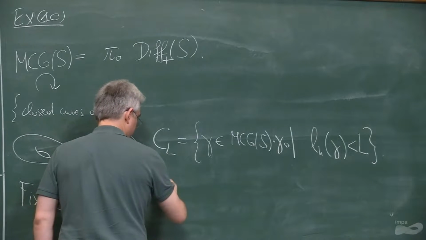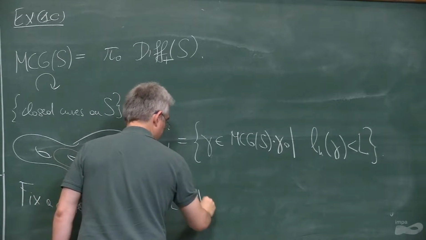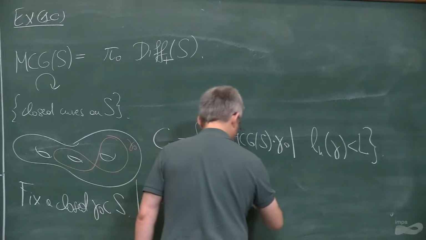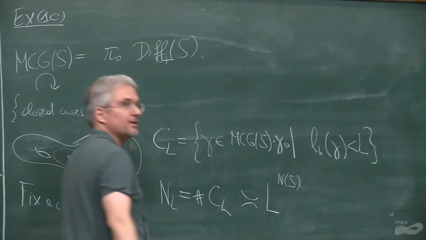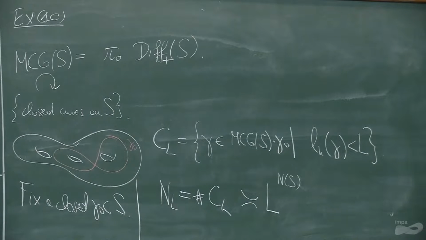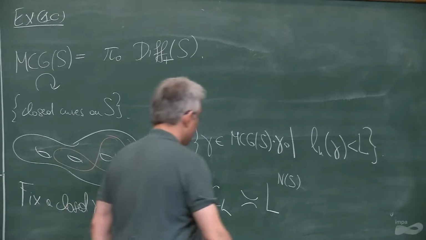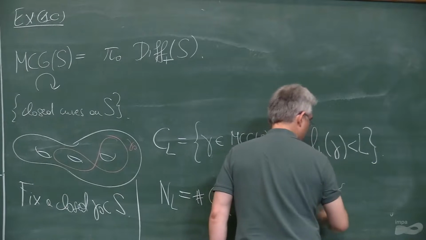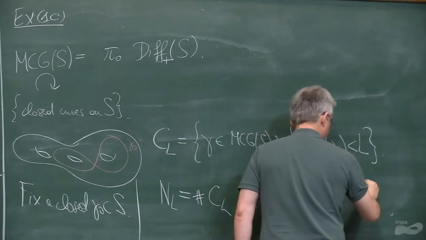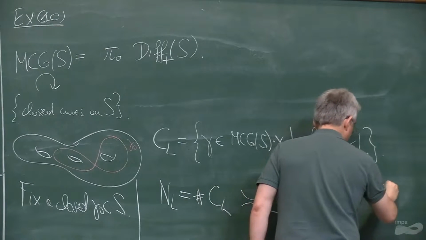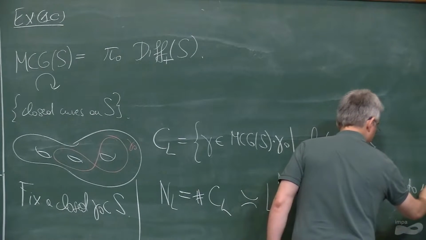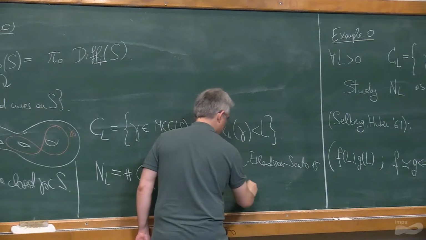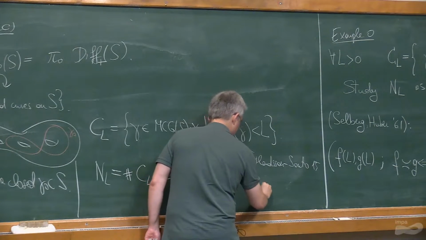And so, again, this number goes as the same L to the n of S. This is due to Erlandsson, Souto, and I think 2015, and Mirzakhani independently.